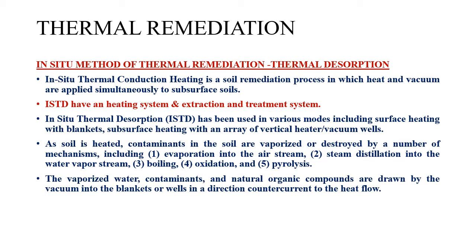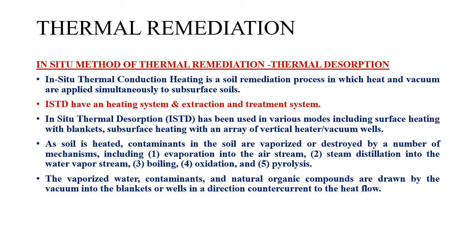Now here what we do is we supply heat as well as vacuum simultaneously to the subsurface soils. Okay, so basically the whole system for heating the soil will be installed within the area of contamination that has been identified.